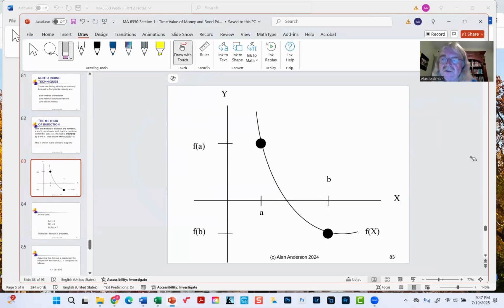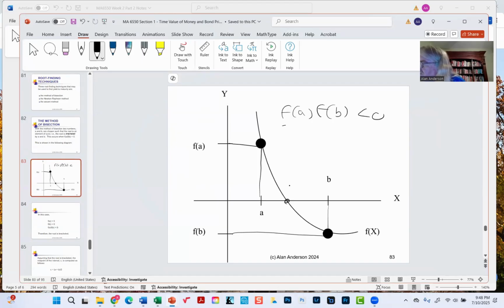Now, once we've determined that that's indeed the case, what matters is now the signs of f of A and f of B. So in other words, if f of A times f of B is negative, that means that A and B are on either side of the root, it's called.